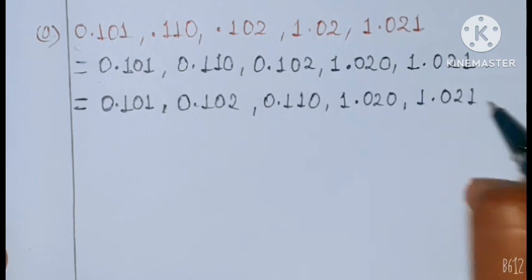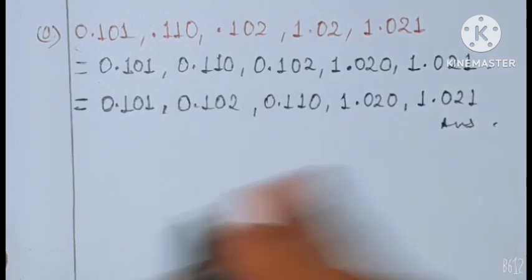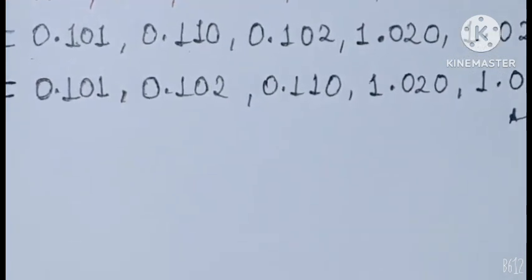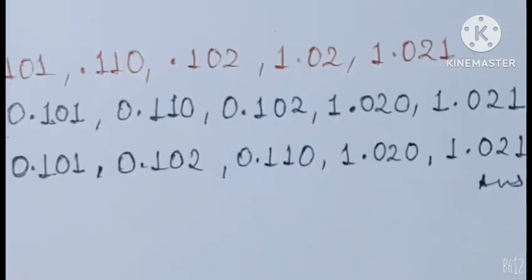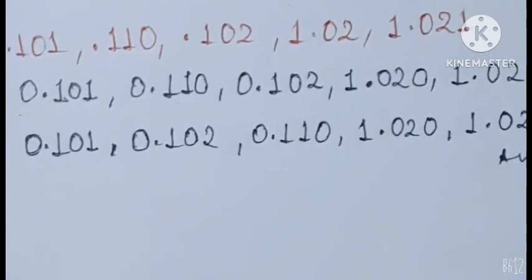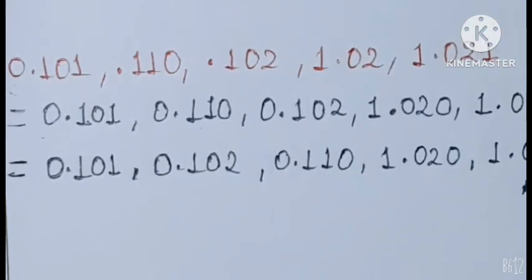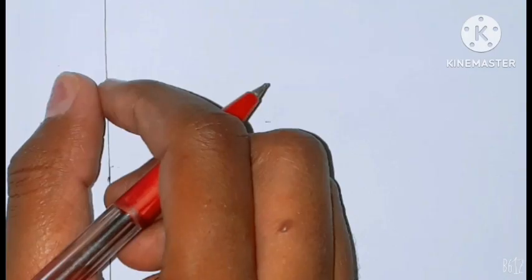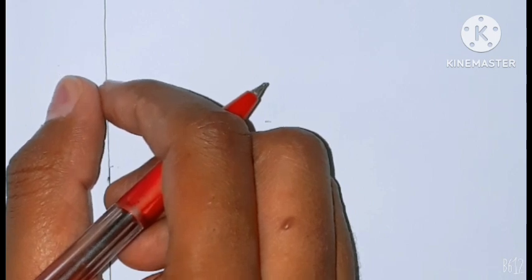So here we have got the right answer of this question. Below this question we are going to solve the B number. So let's write the B number question here.